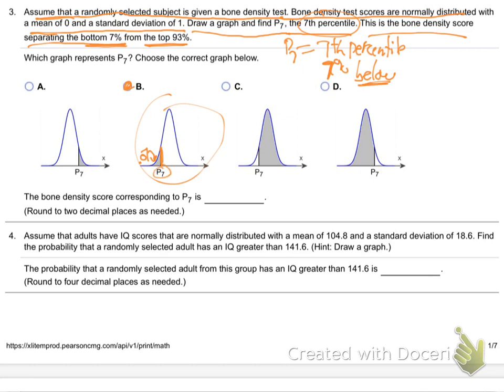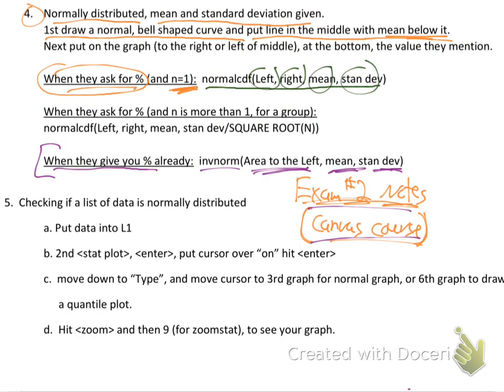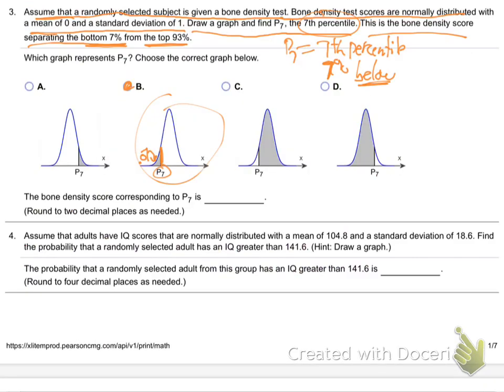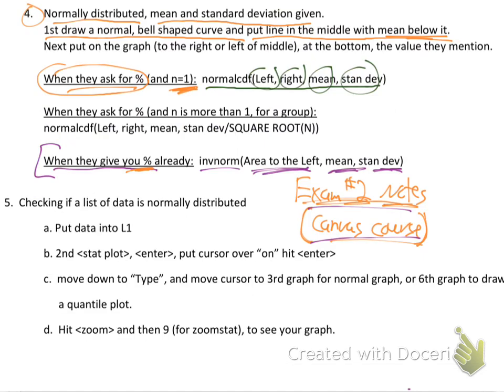So how do we find numbers on the bottom? Well, when they give you a percent, they're giving me the 7%, the 0.07 decimal. They're giving me that part already. So when they give you a percent, it's inverse norm.